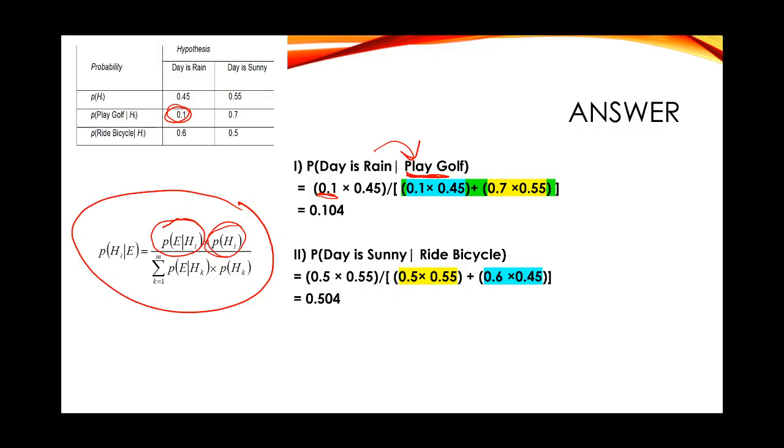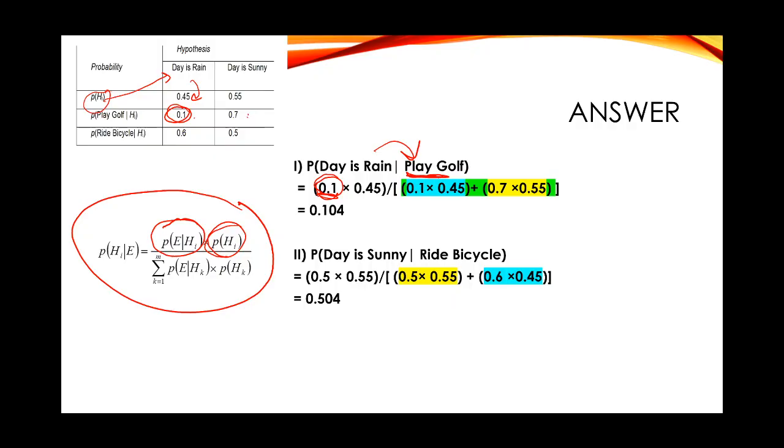So the probability of the hypothesis of day is raining would be 0.45. Go back to here, 0.1 here, P(E|H). Why do we take 0.1 instead of 0.7?